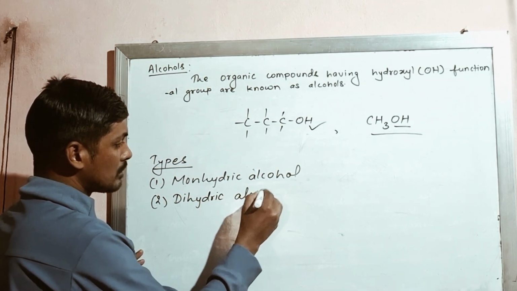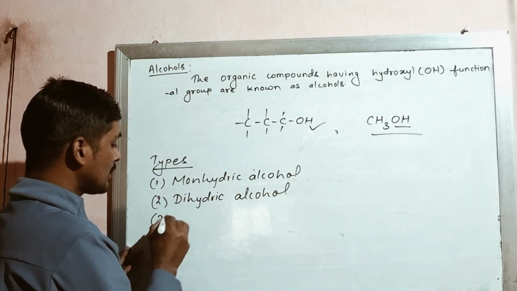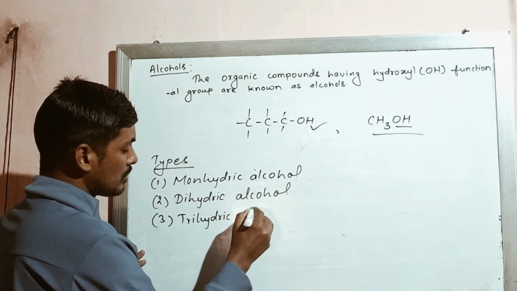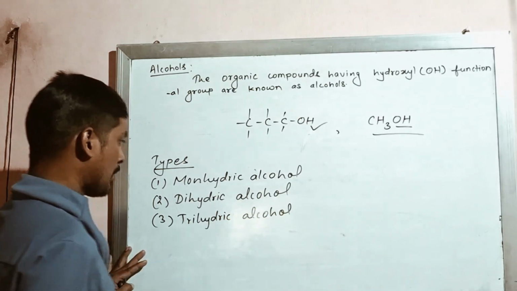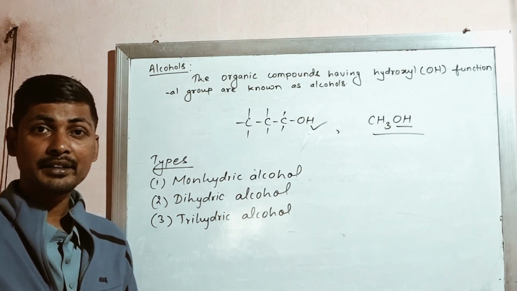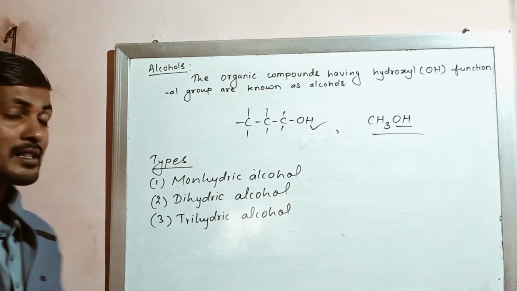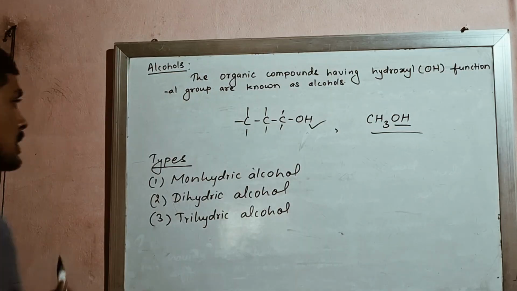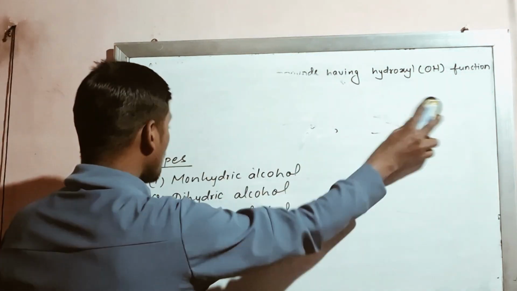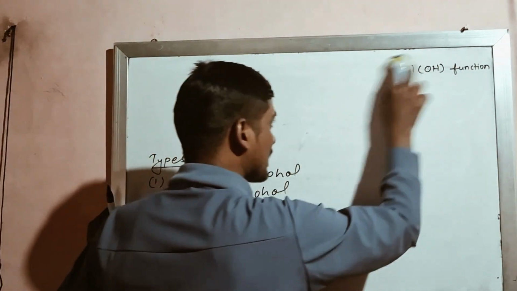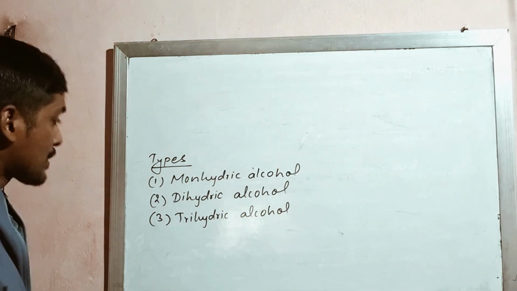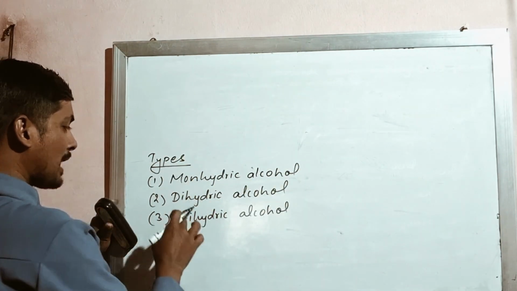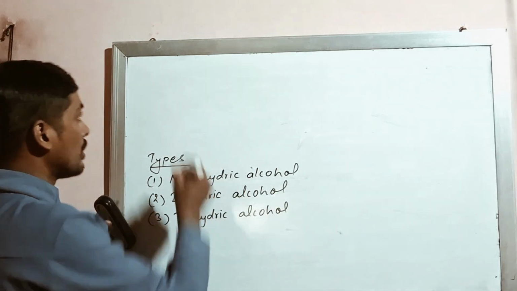Number three, trihydric alcohol. Now, what are these monohydric, dihydric, and trihydric alcohols? Let's discuss them one by one. All these are alcohols because they contain OH group. On the basis of the number of OH groups, they are classified into mono, di, and trihydric alcohols.